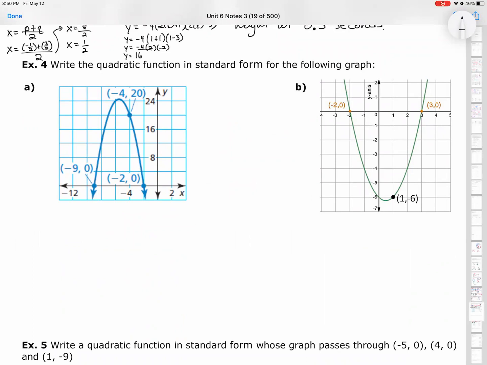Or you might have to look at a clean point on the graph to help you. And then we have to construct a quadratic function based upon that model. Now, in doing so as well, we're going to use y equals a times x minus p times x minus q, our intercept form for a quadratic.